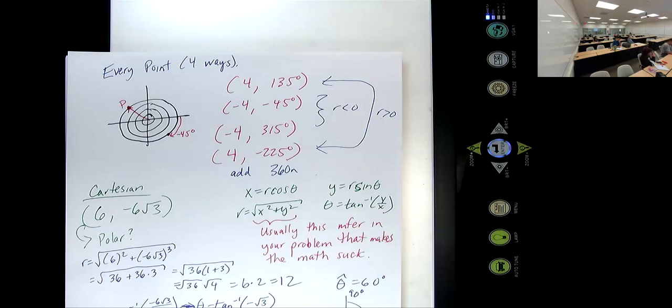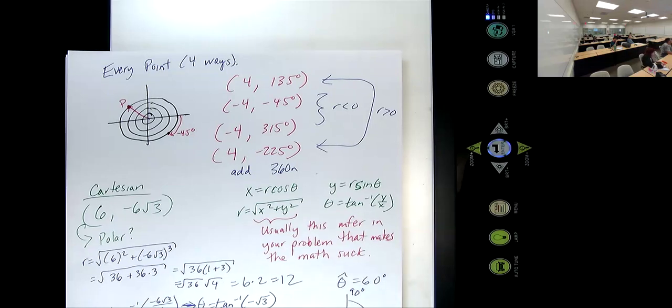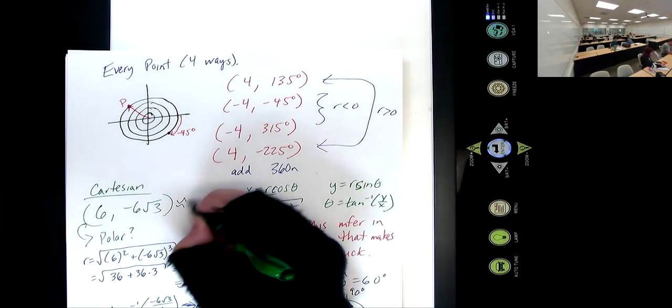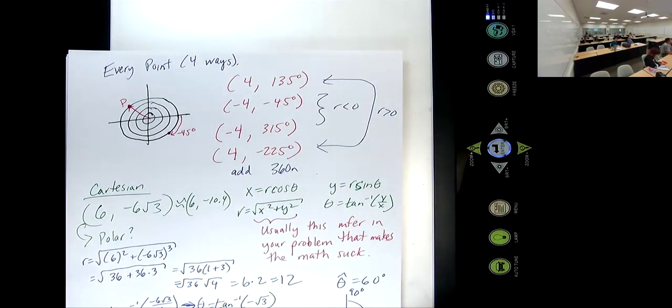It seems kind of weird, I don't know what 6 times square root of 3 is, maybe like 9-ish. Square root of 3 is 1.7, 6 times it's gotta be about 9, maybe 10. 10.4. So if I approximated that, 6 and negative 10.4, we're going left 6, down 10.4. More downward than left.